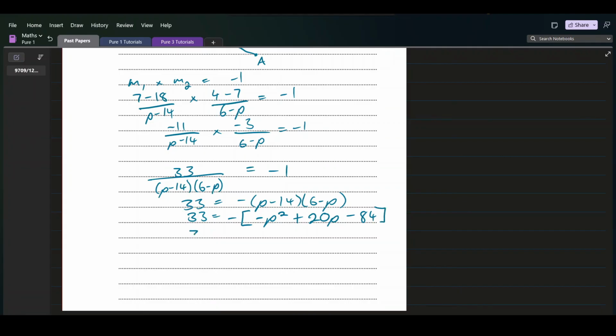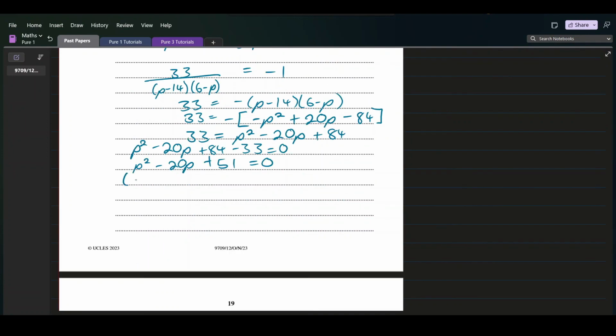And let's just expand that bracket again. So that's p squared minus 20p plus 84. Let's put all the terms on one side. p squared minus 20p plus 84 minus 33 is equal to 0. So p squared minus 20p plus 51 is equal to 0.